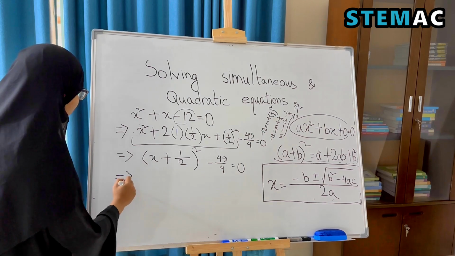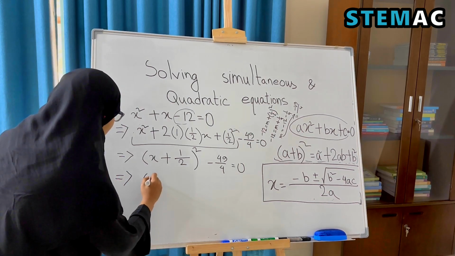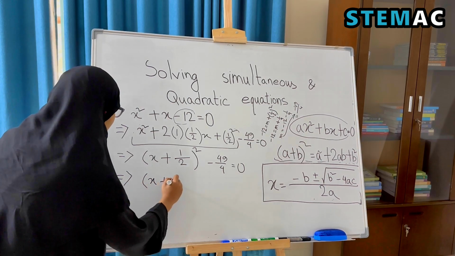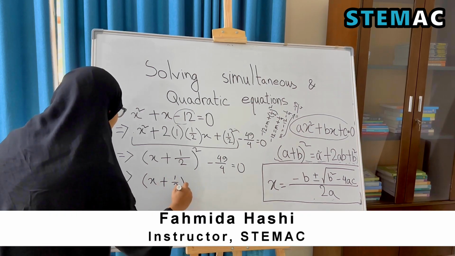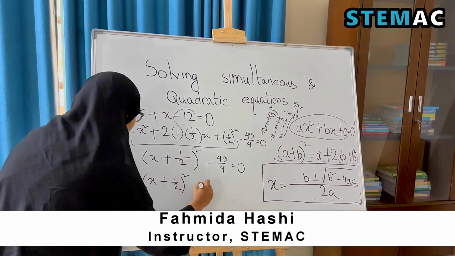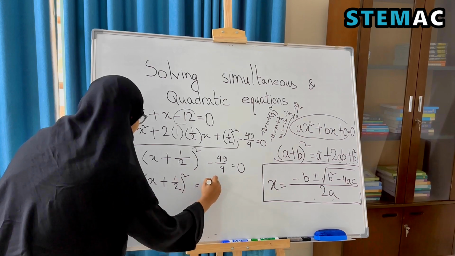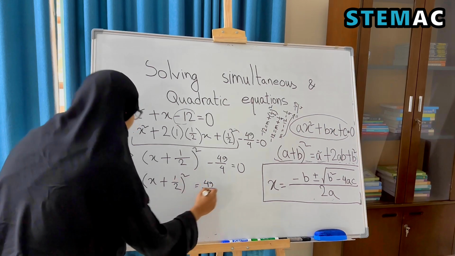Next we can write x plus 1 by 2 whole square equals 49 by 4.